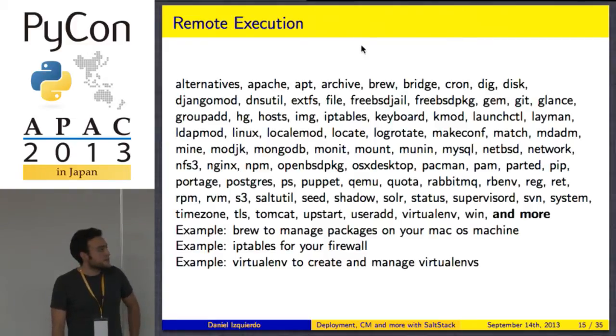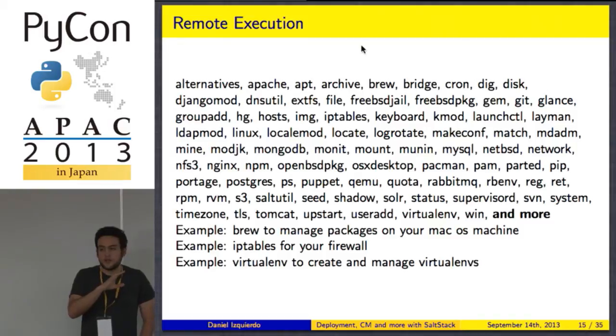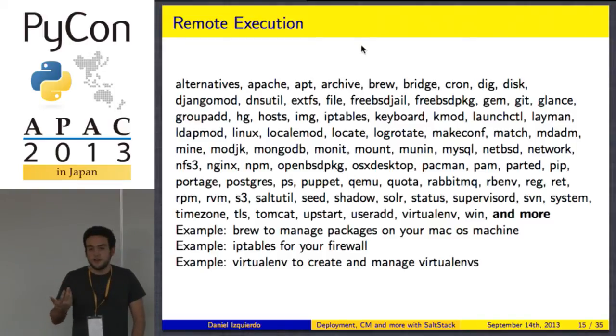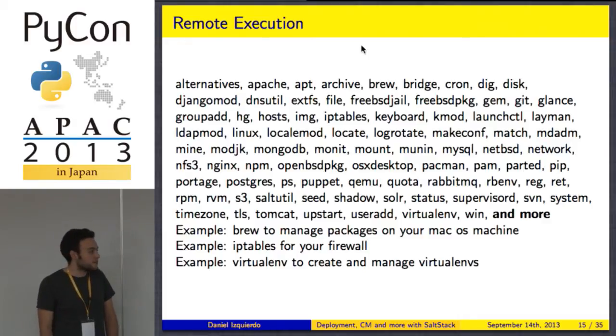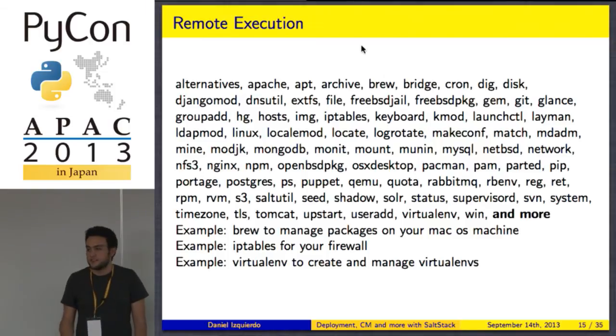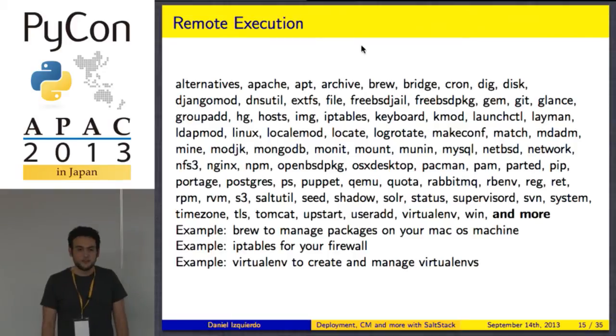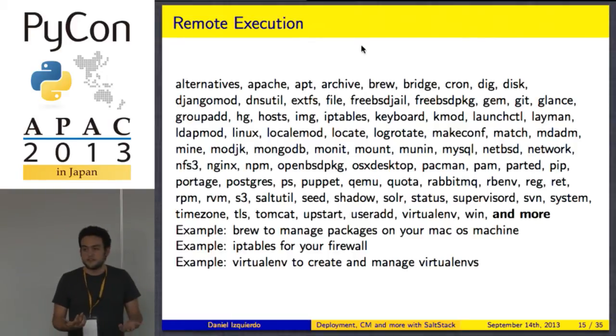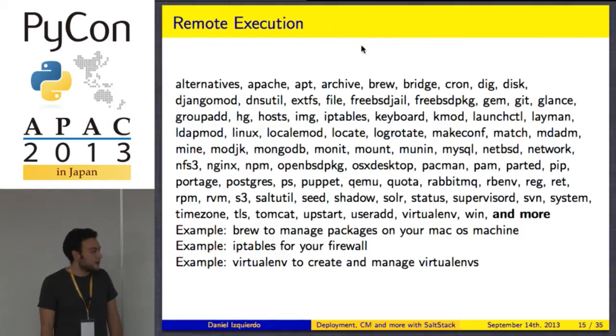So this is just a small sample of the modules that come available with Salt by default. For example, there's a brew module to manage packages on a Mac OS machine. So yeah, if you have tens or hundreds of Mac OS machines, you could install a package in all of them at the same time.